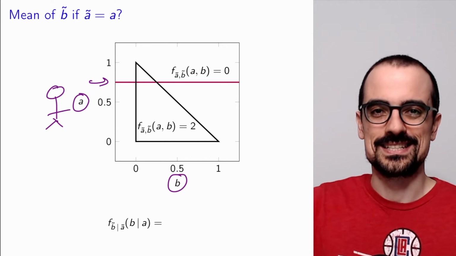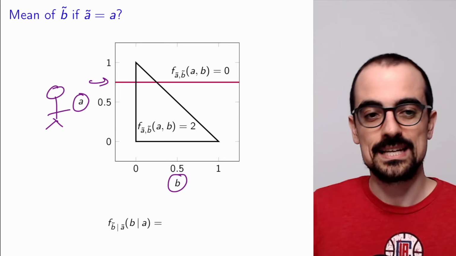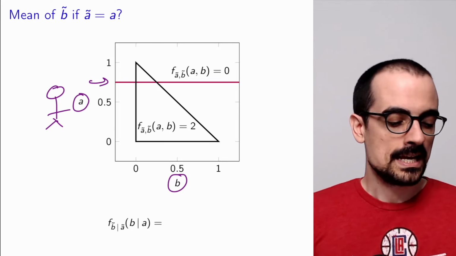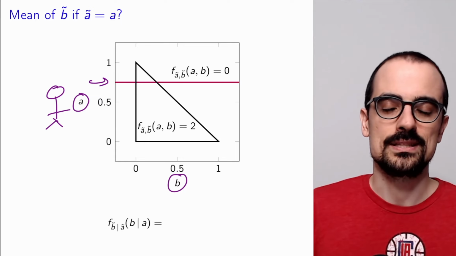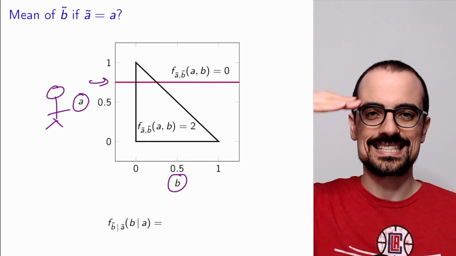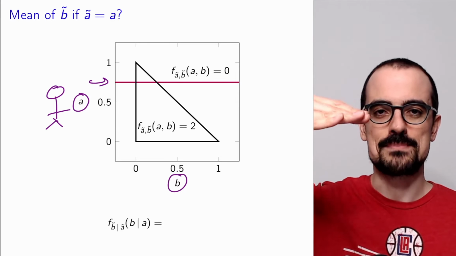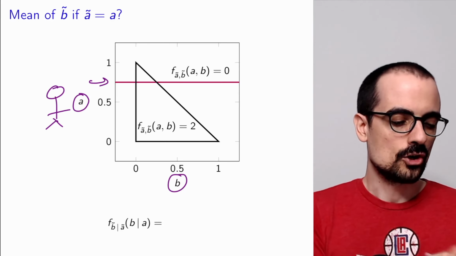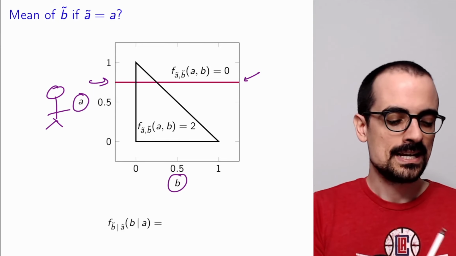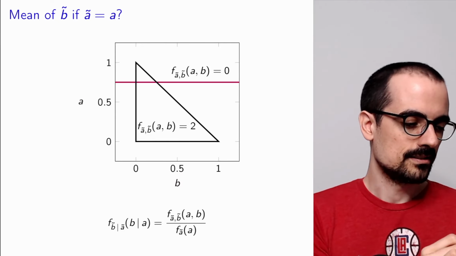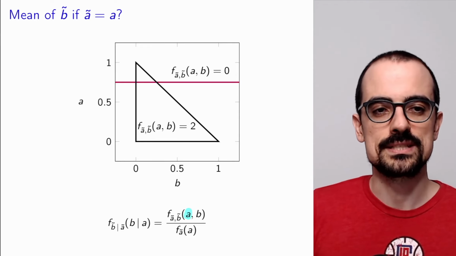If you don't remember this, go to the video on conditional distributions of continuous random variables given other continuous random variables. But I'll remind you, basically the way we compute that conditional density is by taking a slice. So here you have to imagine the triangle coming up like a slab, and then we take a slice of the conditional PDF along that line. Okay, this is the slice. So this would be fixed to A equal to 0.75.